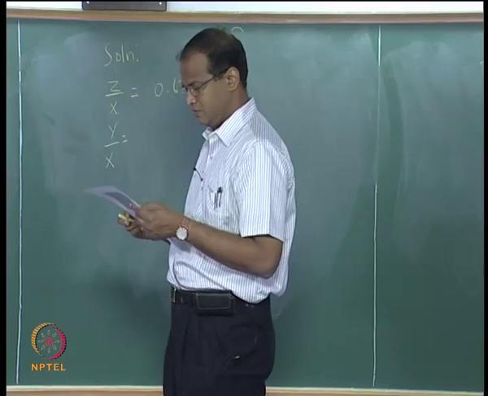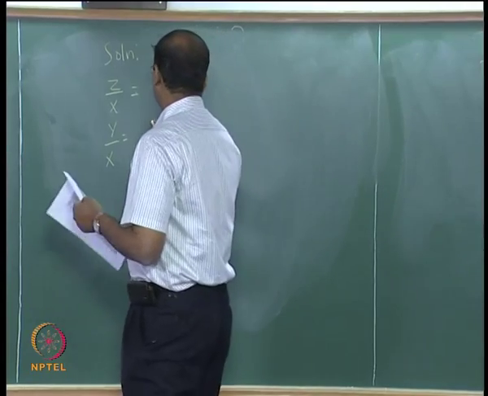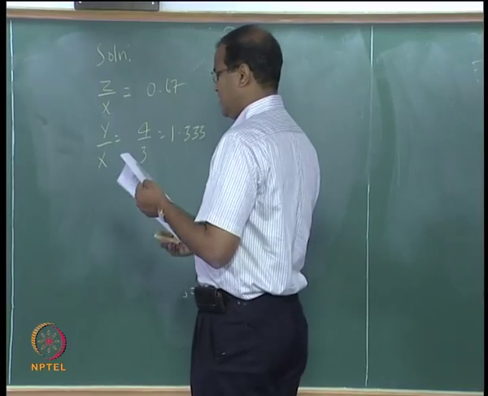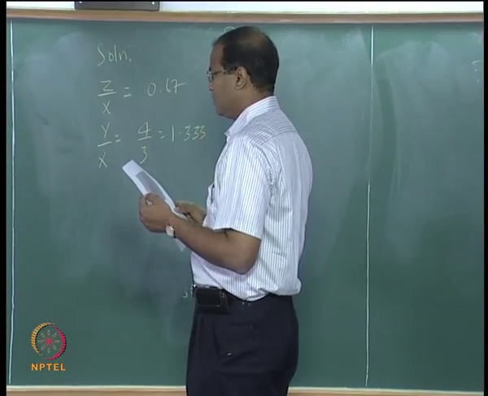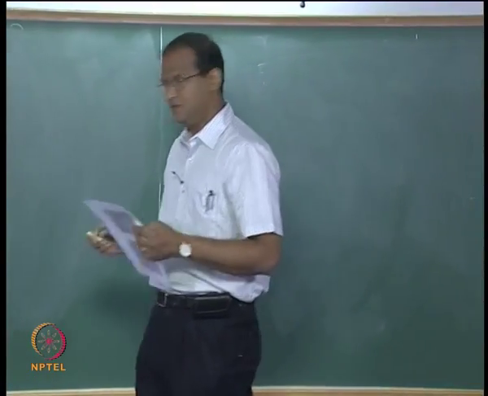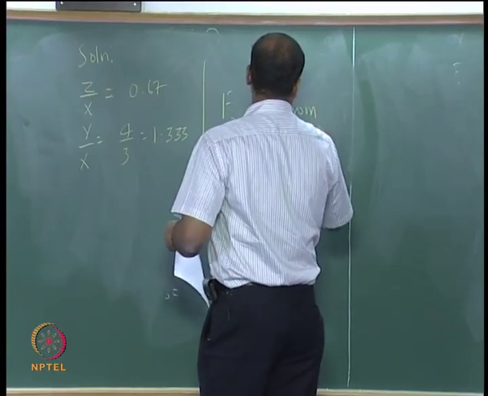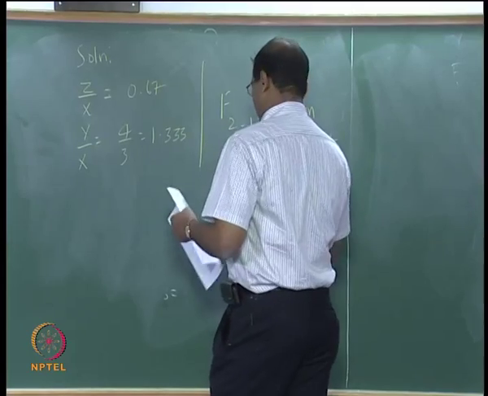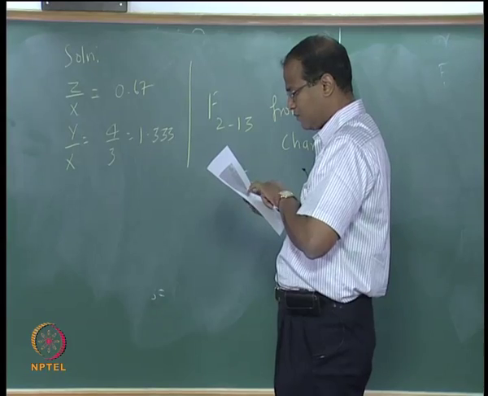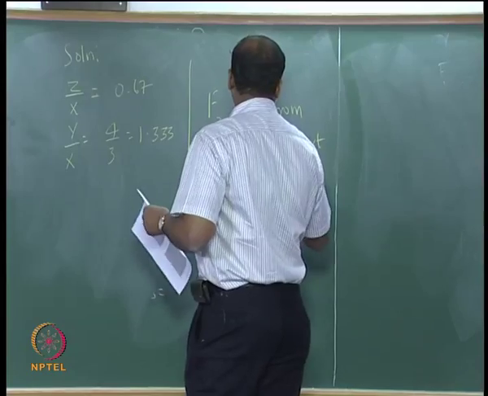What is Y? 4, correct, okay. Now F i j will be F2 to 13, correct? What is the value? 0.1, okay. Did everybody get this?